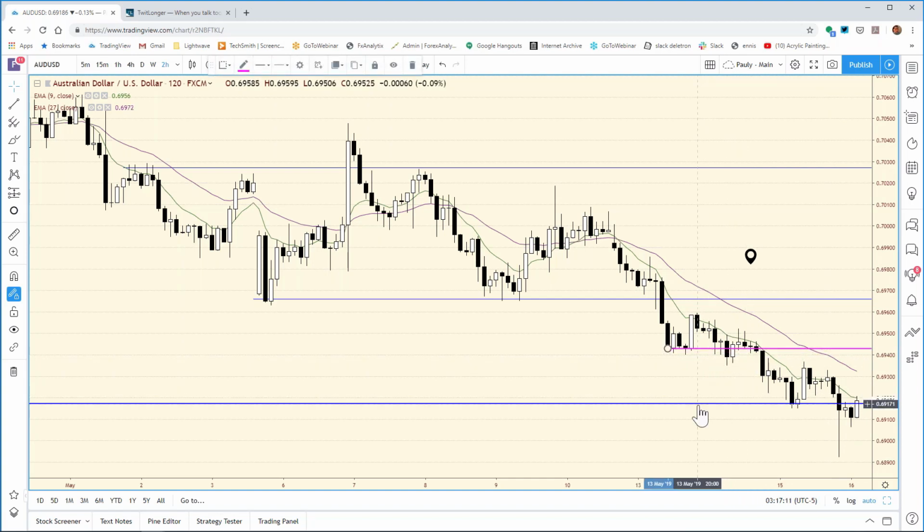Right there, 69.43. 69.43 will be initial resistance on this.